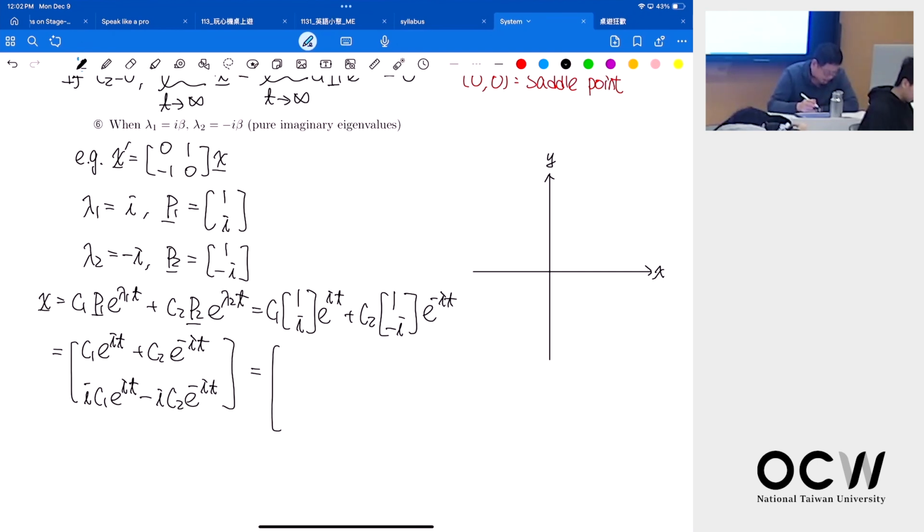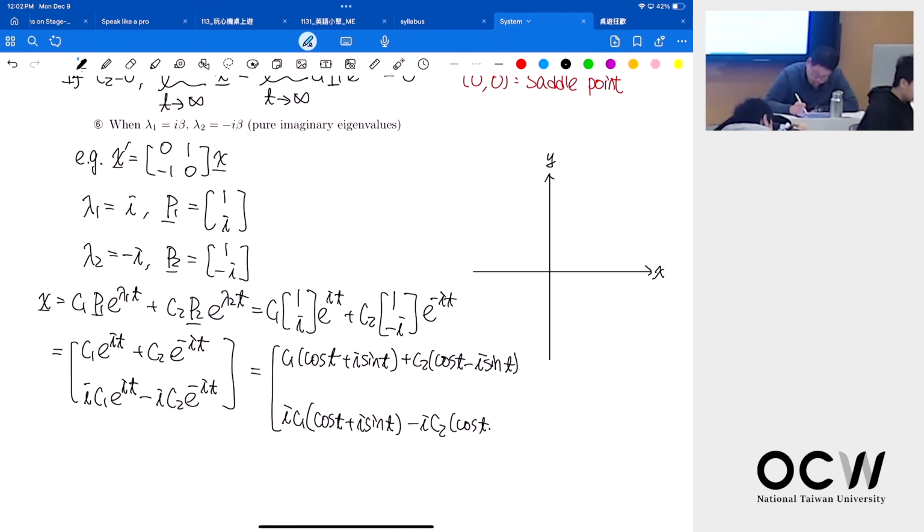I have C1 times cosine t plus i sine t. For i C1, e to the it is the same thing, cosine t plus i sine t. Plus C2 times cosine t minus i sine t. Here, minus i C2 times cosine t minus i sine t.